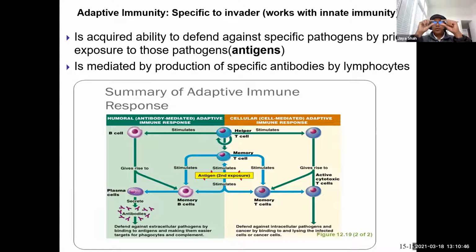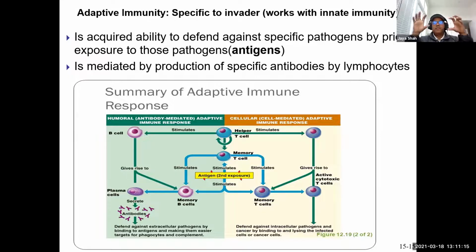So let's first understand this. Once you are exposed to an antigen the first time, that antigen is exposed to your phagocytes, macrophages. Those macrophages bind with the antigen, and then they release a lot of chemical compounds which activate T cells, particularly helper T cells.